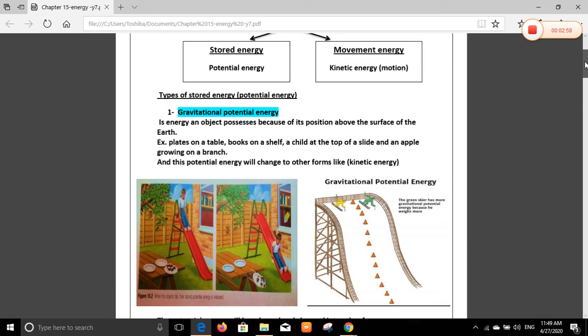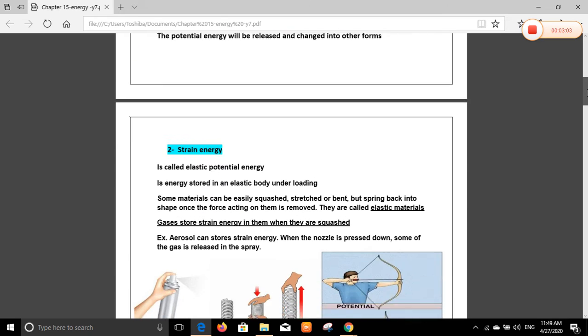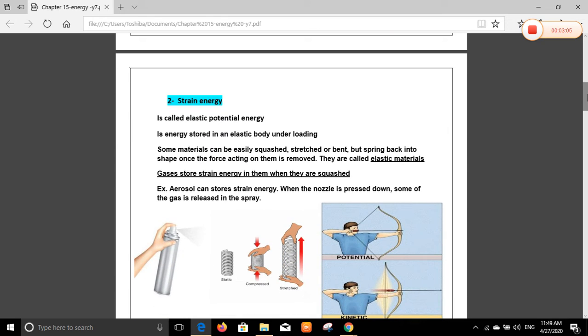The second type of potential energy is strain energy. What is meant by strain energy? Strain energy is energy stored in an elastic body under loading.